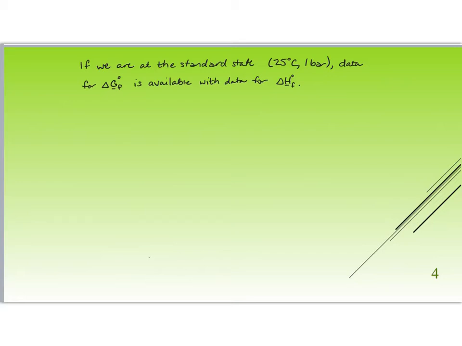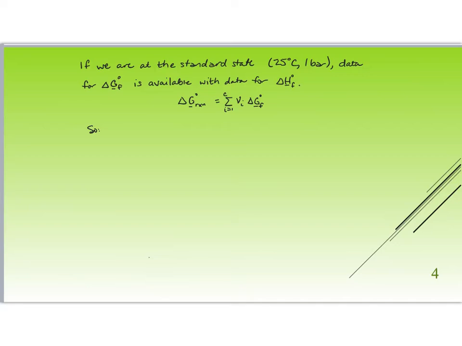And we can use this data to create, just as we did for heat of reaction, a Gibbs energy of reaction using the stoichiometric sum over all components of nu i times these Gibbs energies of formation. And this will get me the information for my sum of my delta G's at 25 degrees C and 1 bar.